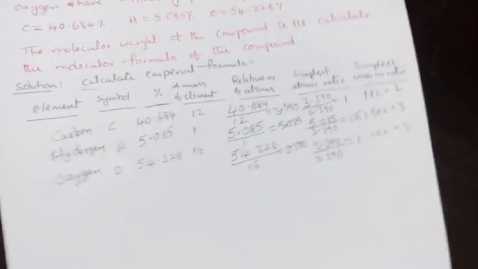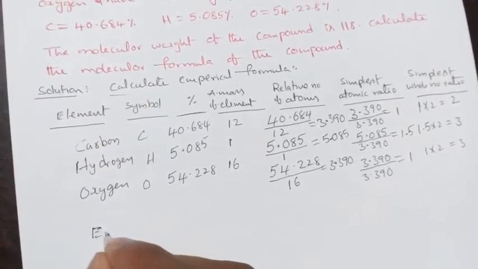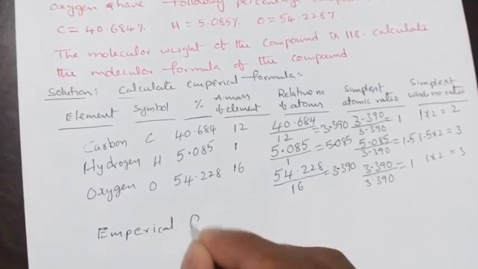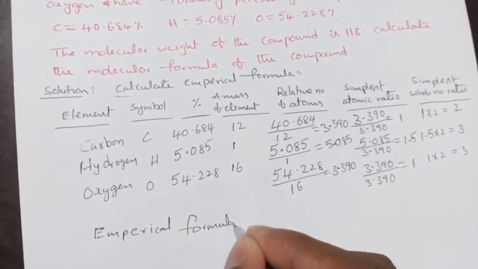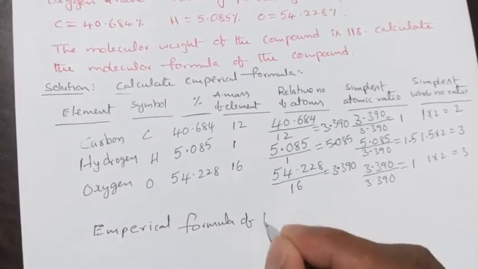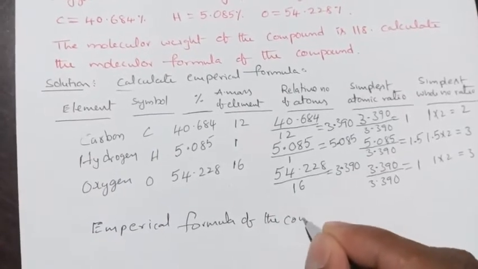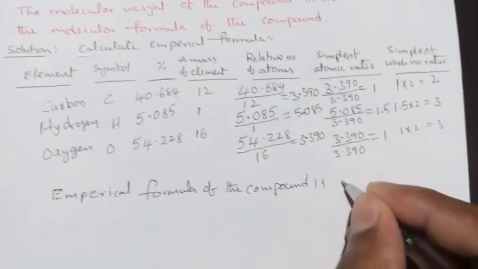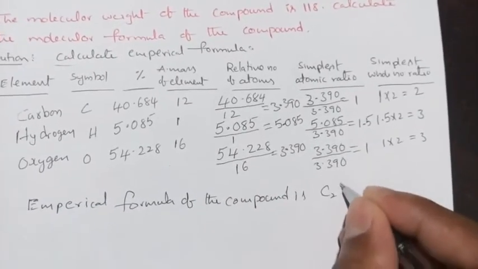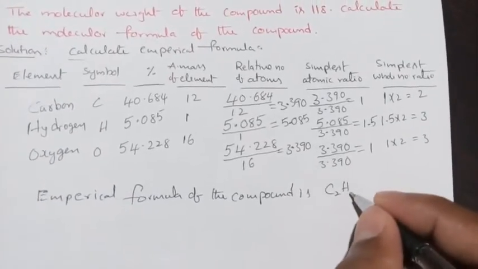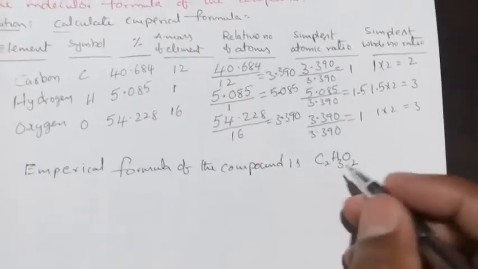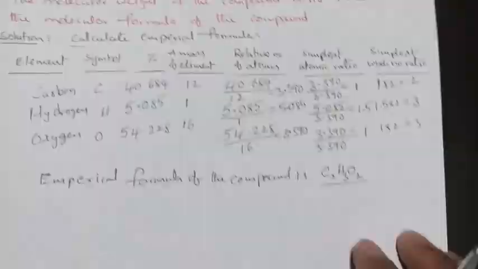So now the empirical formula of the compound is C2H3O2. Now we have found the empirical formula.